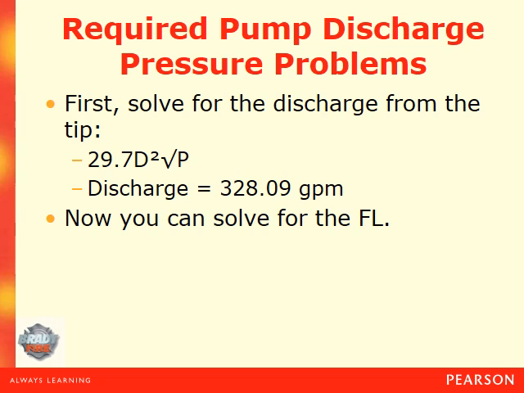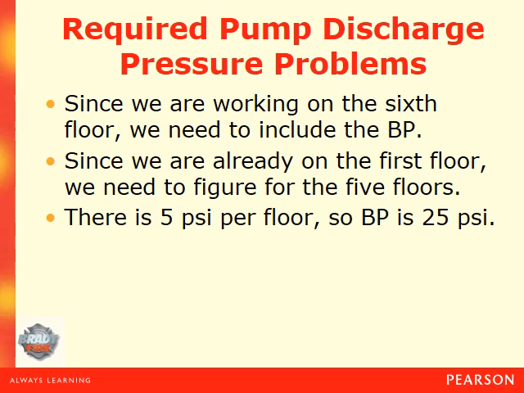So again, first, how many gallons are we flowing a minute? 29.7 times the diameter squared times the square root of nozzle pressure, which they gave us. So that gives us a total of 328.09 gallons per minute. Now you can solve for your friction loss. Since we are working on the 6th floor, we need to include the back pressure.